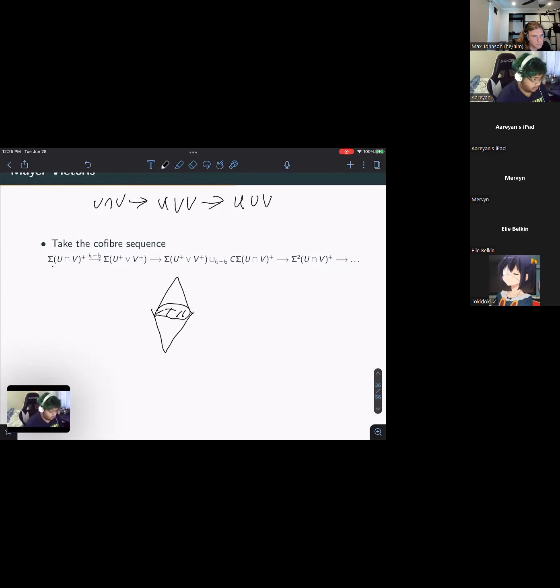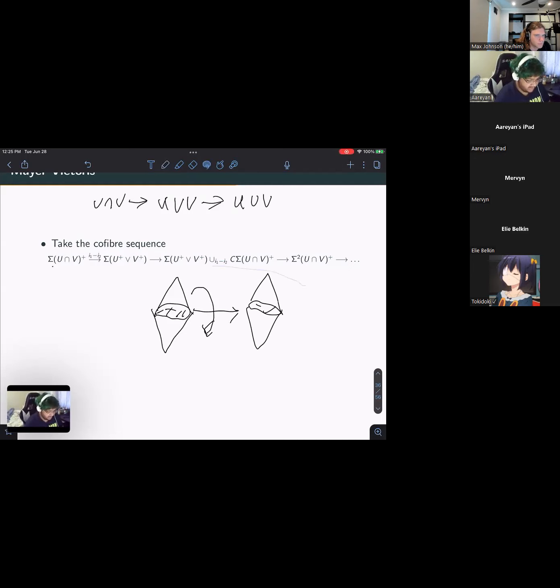I have two ways to include this into itself. One of them is just the vanilla identity map. But for the other, I can flip it over and then include it. That gives me a sense of reversing the orientation, or a negative, if you will. So that's why we have passed to suspensions to do this.